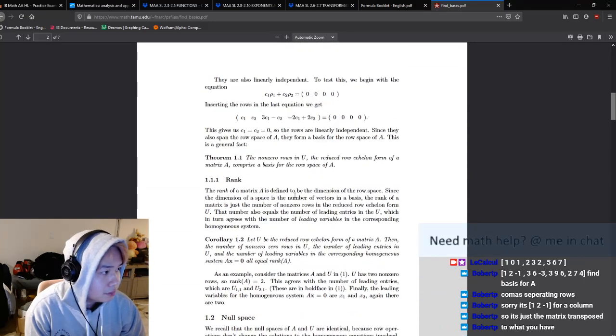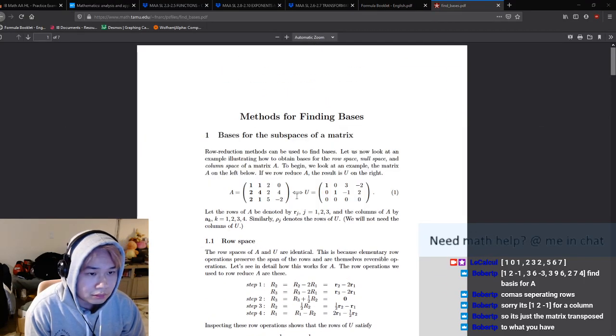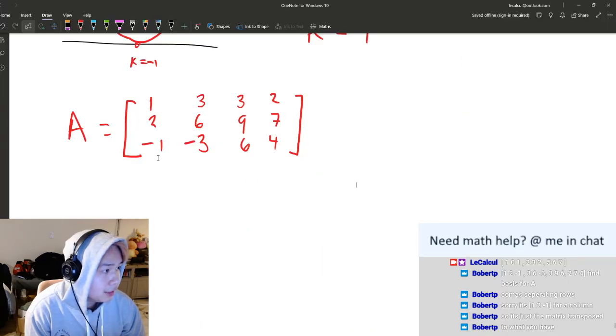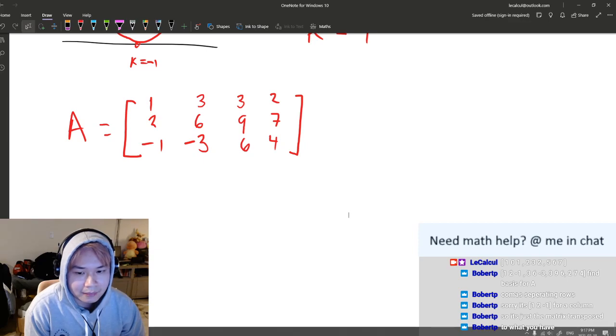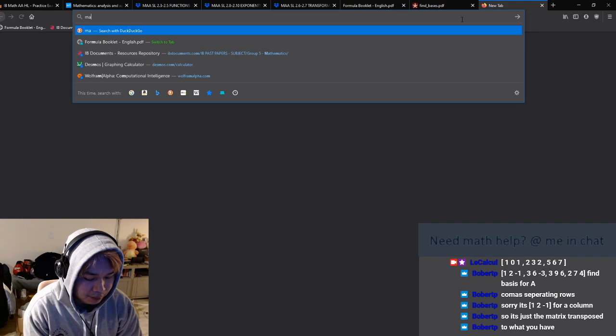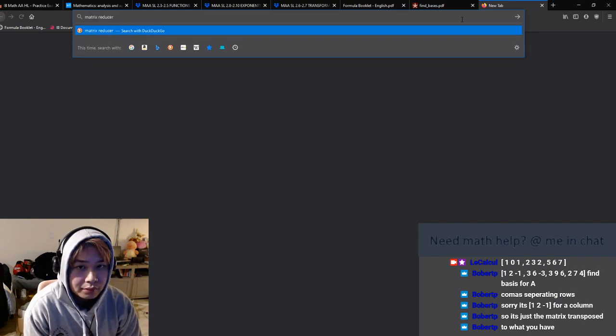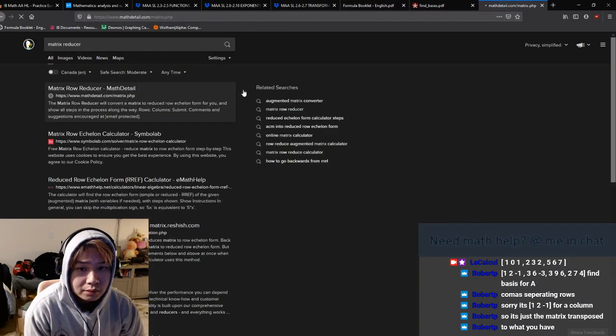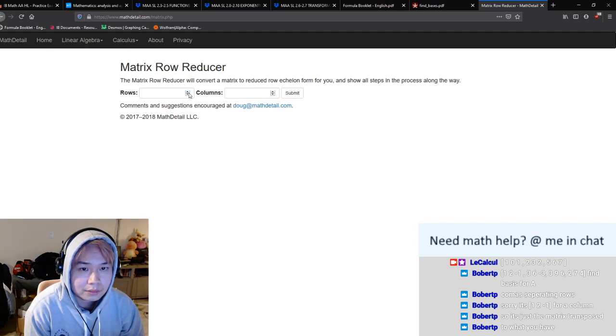Okay, so what we can do is we can try to reduce this as much as possible. So let's just put this into a matrix reducer. So this has 3 rows, 4 columns.